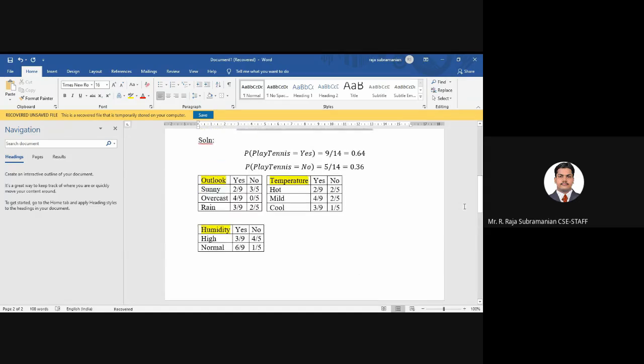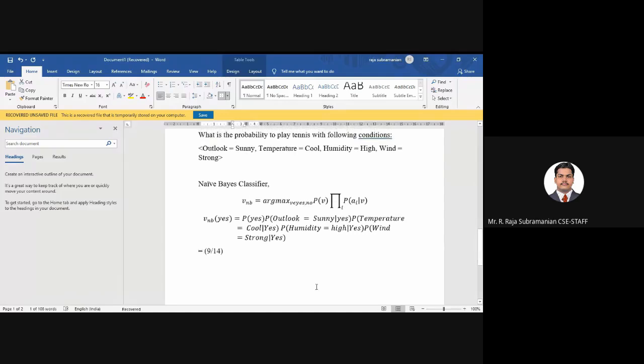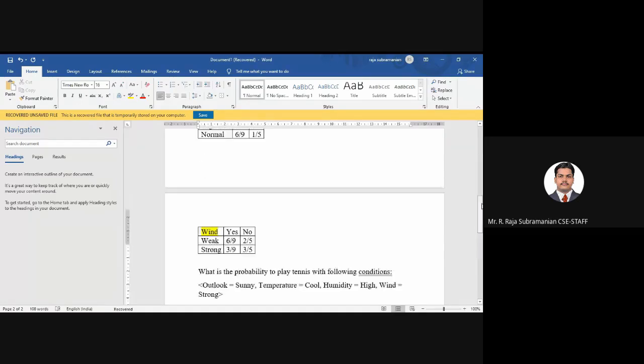I go here, this is my outlook table. Outlook should be sunny and play tennis is yes. So what is the probability? 2/9. I put it here as 2 divided by 9, and I have temperature cool given S. So I go to the temperature table.